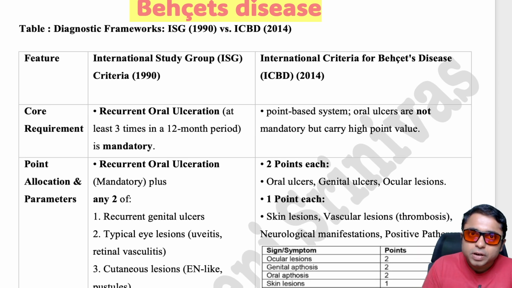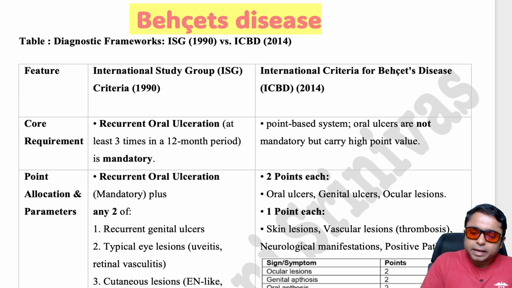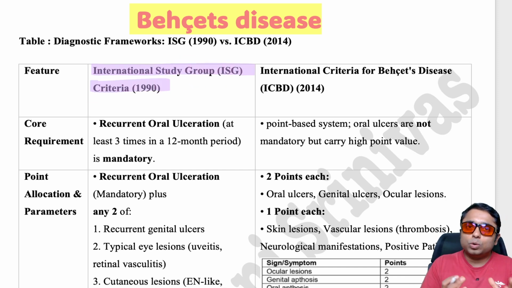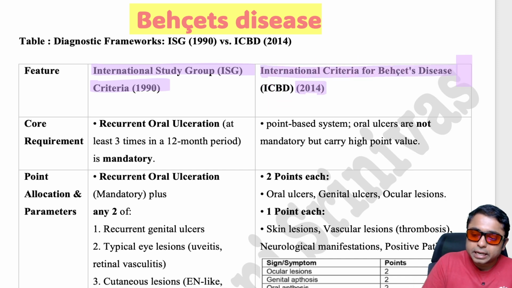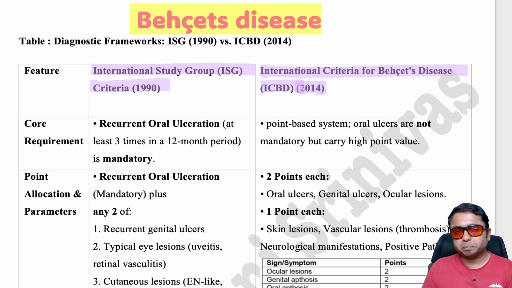Based upon that, we are going to diagnose whether the patient has Behçet disease or rule it out. So, there was the International Study Group criteria in 1990 which was put forward to diagnose Behçet disease, and more recently, in 2014, there is the International Criteria for Behçet Disease, ICBD.